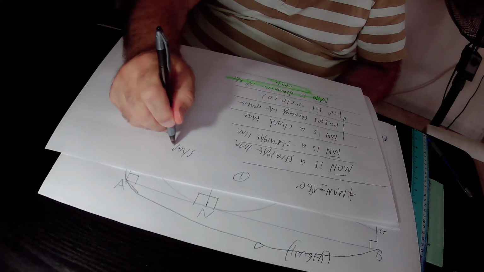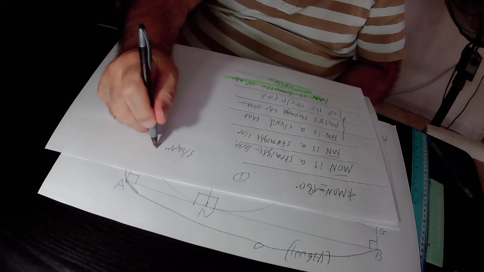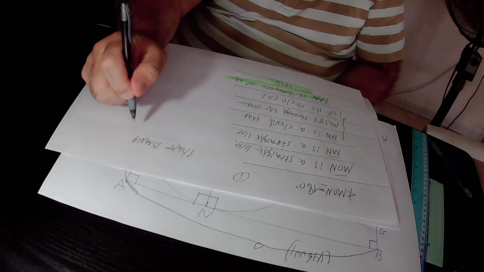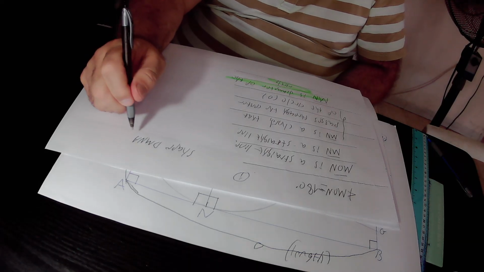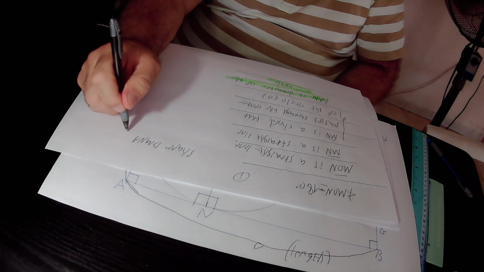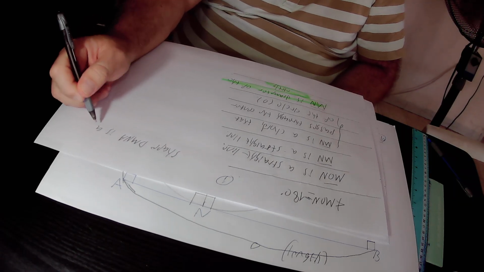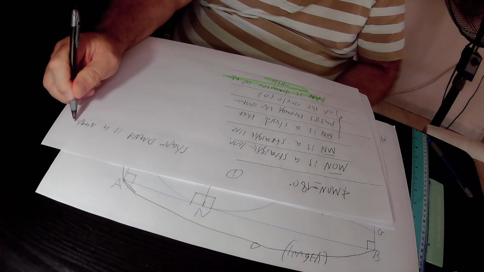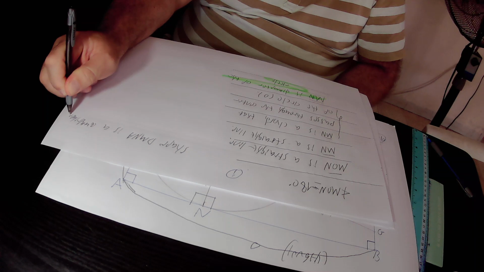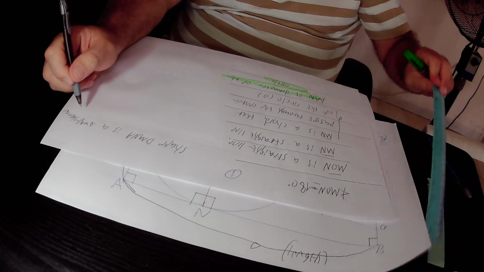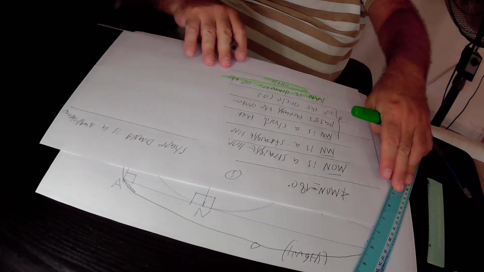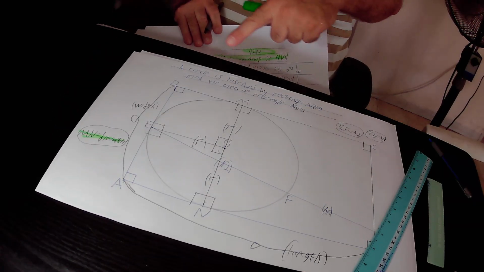Shape DMNA consists of 4 sides, and therefore it is a quadrilateral. It is a quadrilateral with 4 right angles. 1, 2, 3, 4.